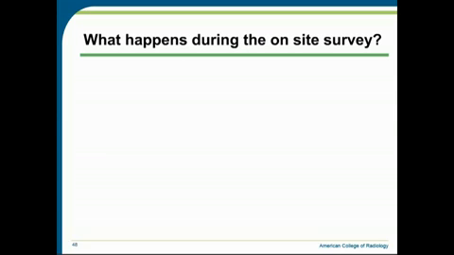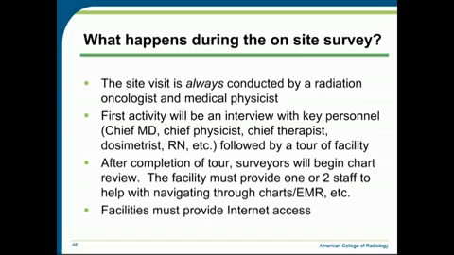So what happens during the site survey? Well, we always have a radiation oncologist and a medical physicist visit your site. First thing they do is they'll sit down with your staff, mainly your chief or your medical director, chief physicist, chief therapist, dosimetrist, and nurse, and whoever wants to join in during this interview.